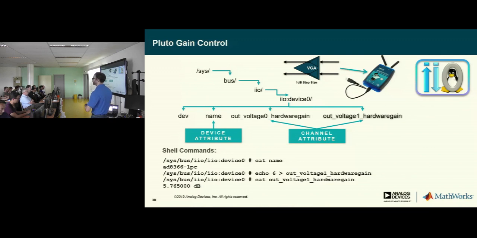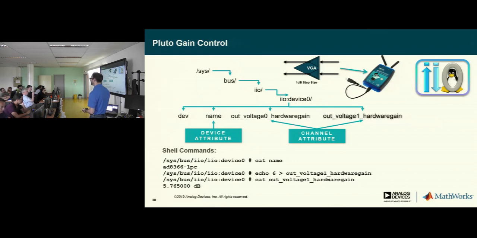So the attributes will show up as files in a set of folders, and that allows us to interact with different settings of different devices. And here we're just changing a gain setting of the amplifier. And we can cat out different settings so we can know what the current setting of the device is.